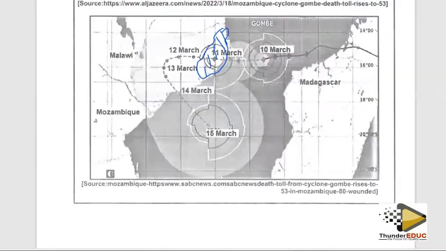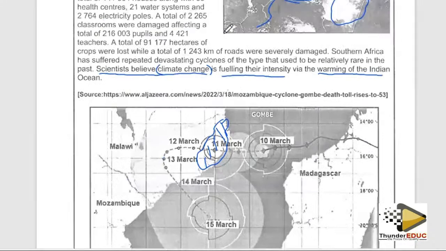Let's check something on our question once again. So in the infographic, they spoke about the infrastructure, destroying water systems, health centers.